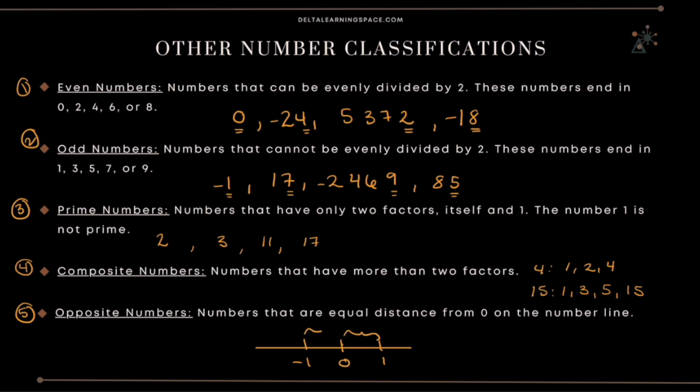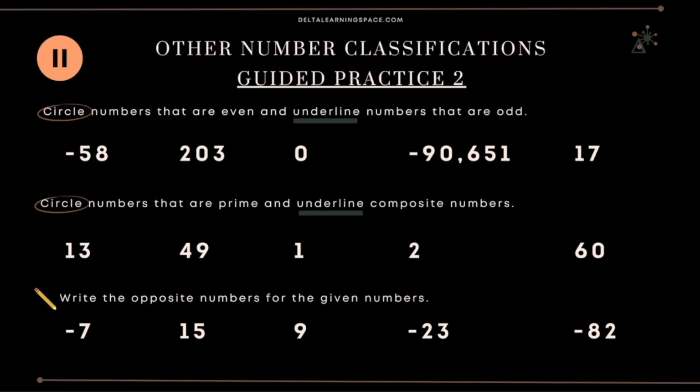They are both one space away from 0, and that is what is making them opposite. As we do this in real time, if we have a positive number, then its opposite will be that negative value.